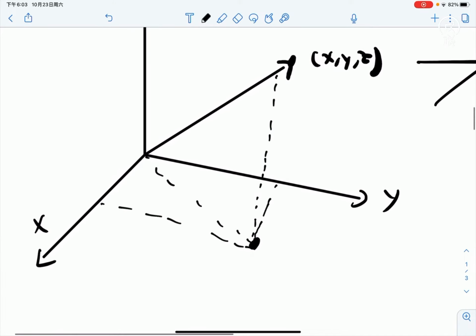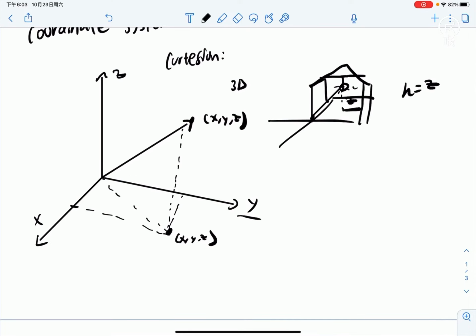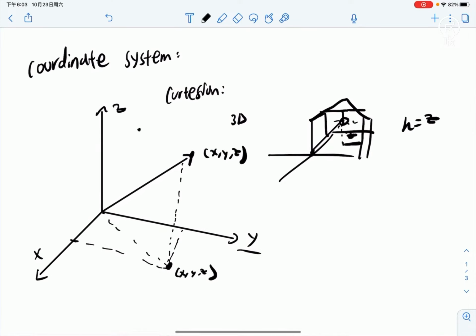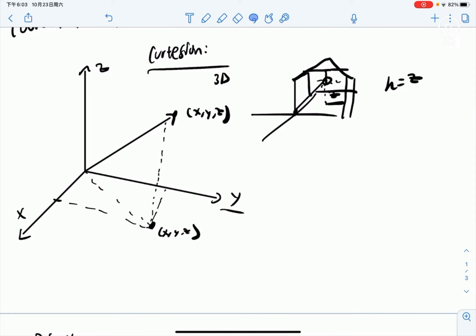If we separate that into x and y, it can be described as x, y, and z. For all points in the 3D world, we can use this Cartesian coordinate system to describe them. Okay, moving on.